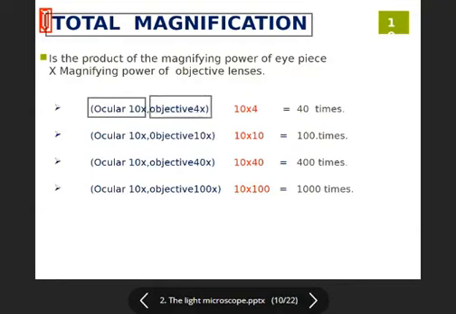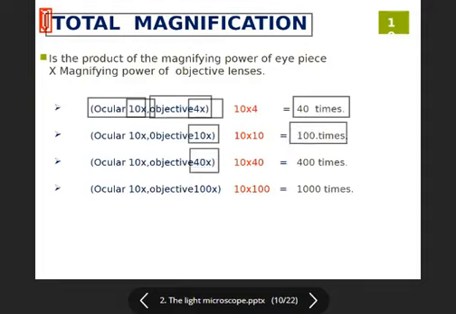For example, for the 4x lens, 4 multiplied by 10, 40 is the total magnification. For 10x, the total magnification is 100. For 40x, the total magnification is 400. For 100x, the total magnification is 1000.